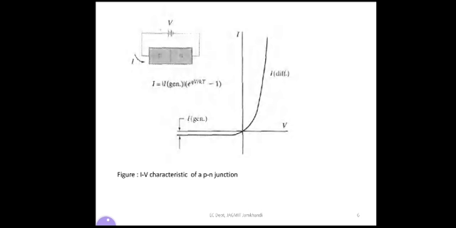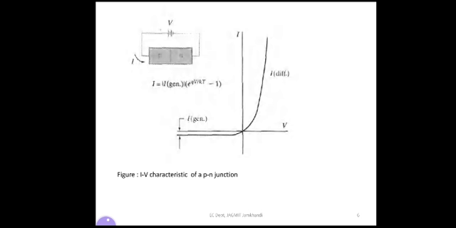And applied forward bias, that is V equal to Vf. When you apply a forward bias voltage, V increases the probability that carriers can diffuse across the junction by the factor exponential of qVf by kT.